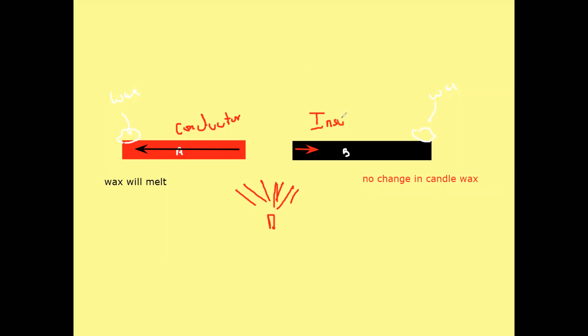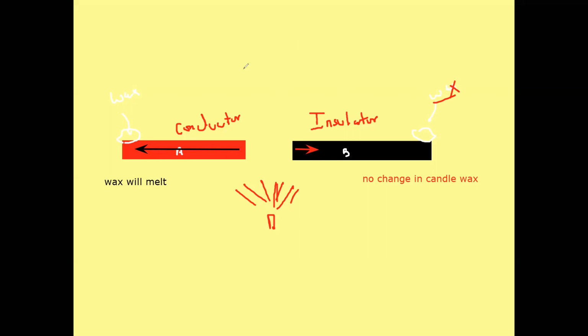So the experiment is: we place candle wax, supply the heat energy to the other end. If the candle wax melts, it's a conductor, allowing heat energy to pass through it. If there is no change in the wax, the material is an insulator.